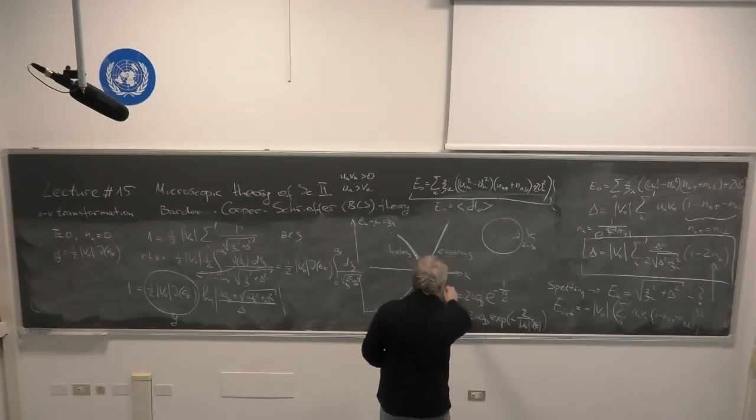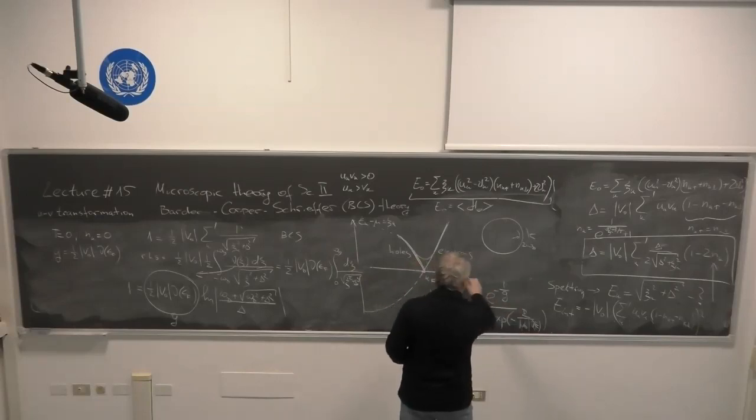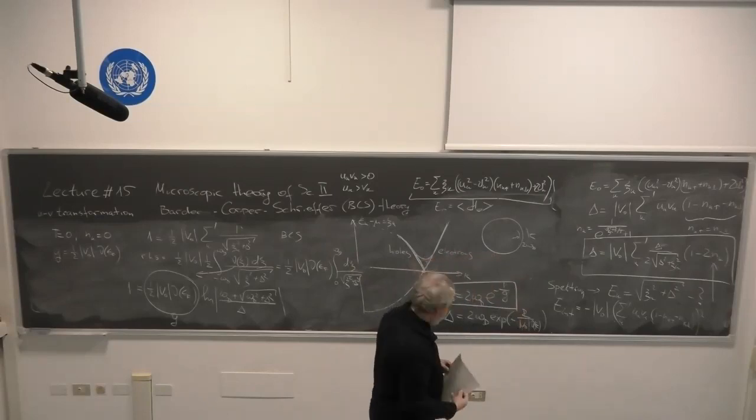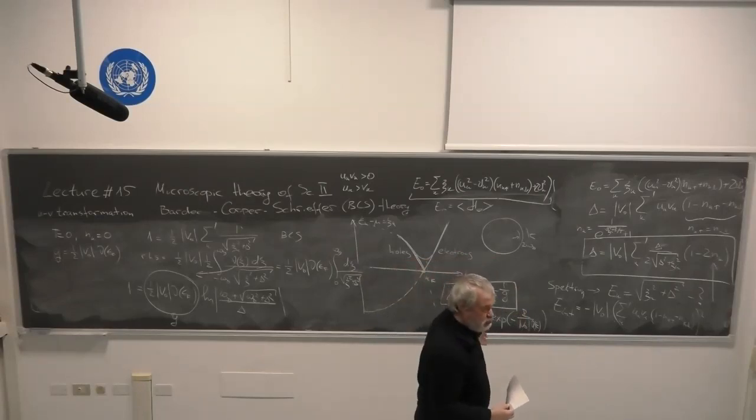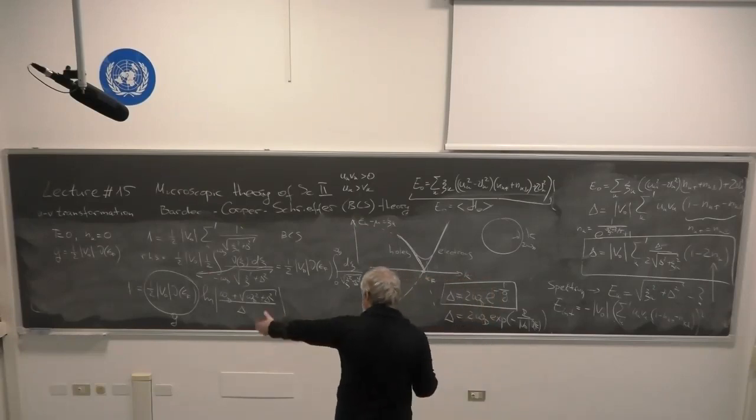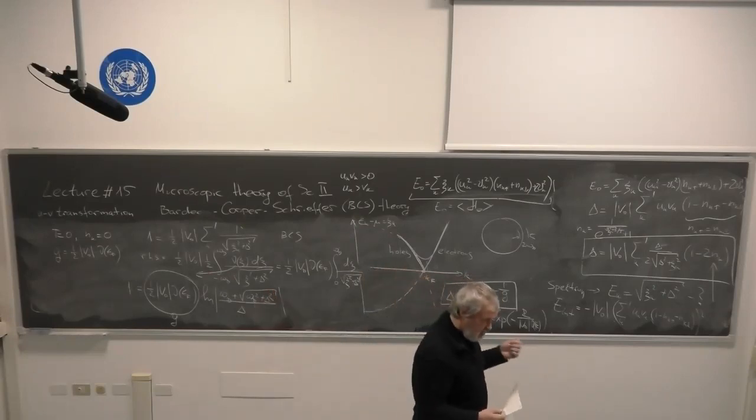So this is a gain in the energy because of Cooper pairing. So we obtain a very important result: the gap behaves exponentially and inversely proportional to the product of the density of states and the strength of the interaction.